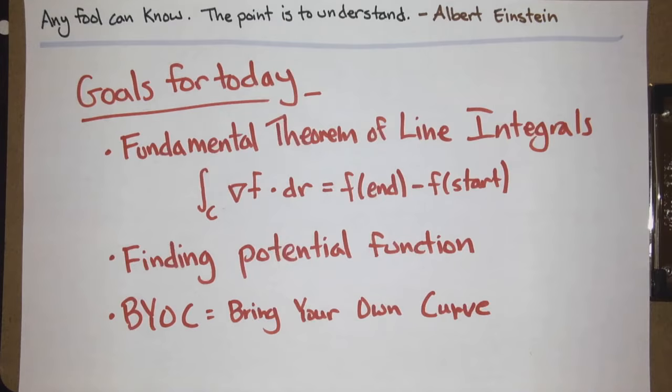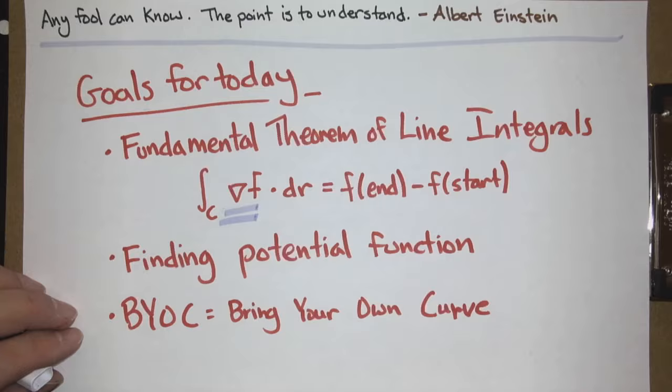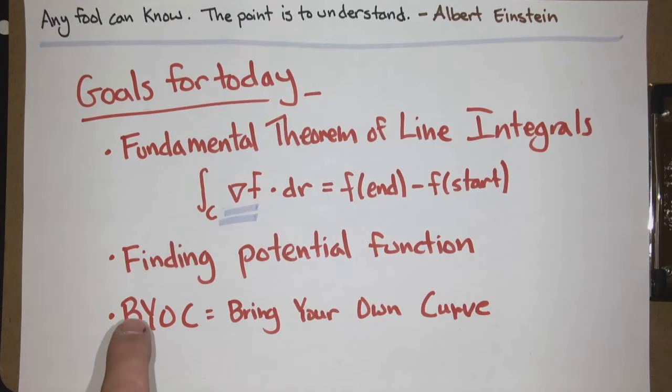Well, they're the ones which are gradients. Or you might say they're the ones which have potential. We talked about the idea of a potential function for a conservative vector field, which is a gradient. So integrating gradients is nice. The only thing you have to do is find the potential function and evaluate what happens at the end minus the start. So we have to talk about how you find that potential function.